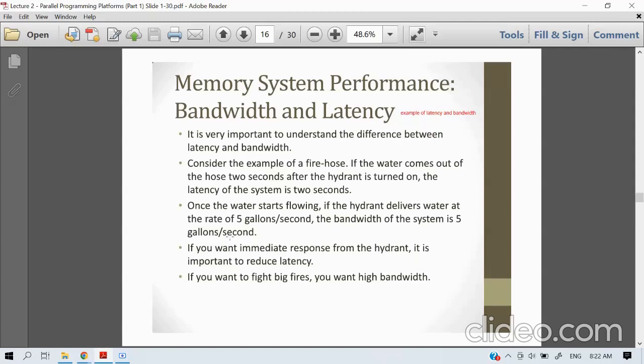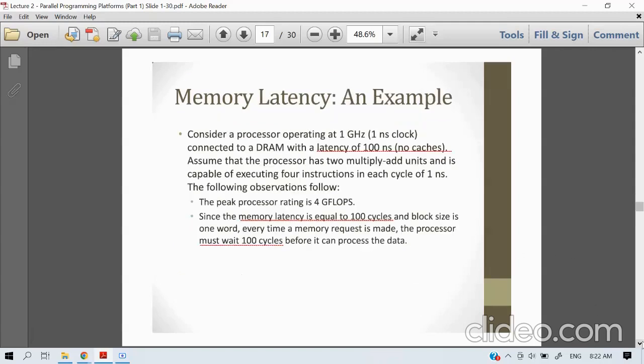If you want an immediate response from the hydrant, it is important to reduce the latency. So we need to reduce the 2 seconds to have a fast response. If you want to fight big fires, of course we need high bandwidth of water.